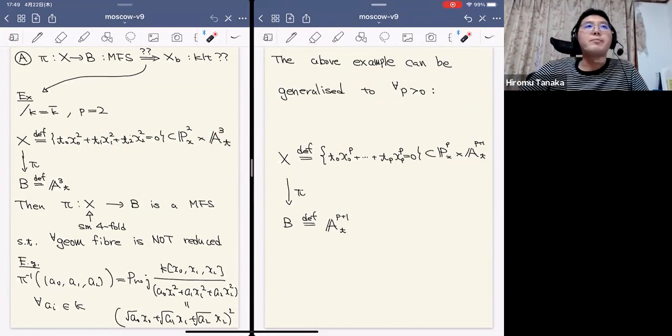So basically, the general fiber becomes quite bad in positive characteristic. This is what I wanted to mention in question A.